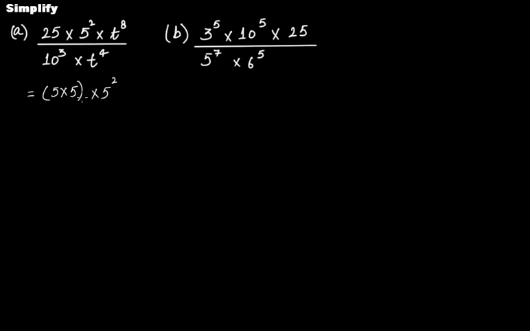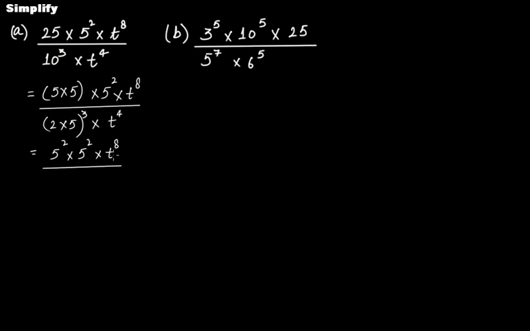So 5 times 5 is 5 squared, and this is t to the 8th power, and this is 10 to the 3rd power. I want to write this as 2 times 5 to the 3rd power, and this is t to the 4th power. Now if you solve this, this is 5 to the 2nd power, and this is already 5 to the 2nd power, and this is t to the 8th power, right?